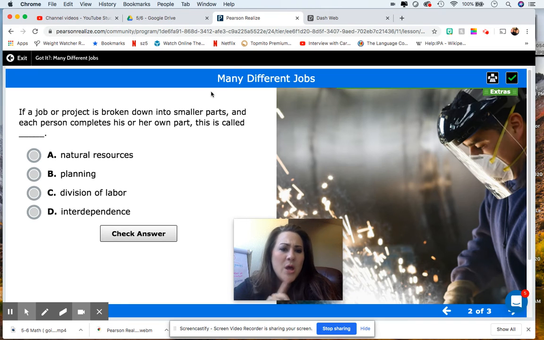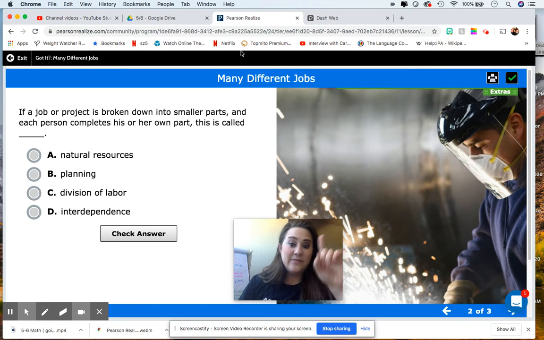If a job or project is broken down into smaller parts and each person completes his or her own part, what is that called? Now, remember, we know it's not natural resources or planning, so we might be stuck between division of labor or interdependence. Division of labor is when you're dividing the jobs up.